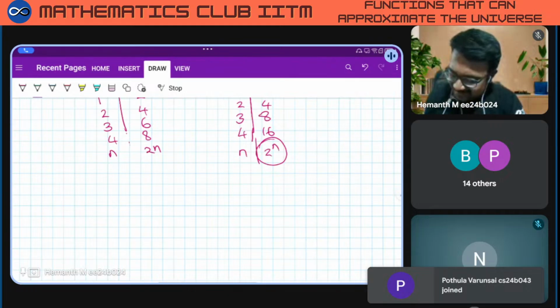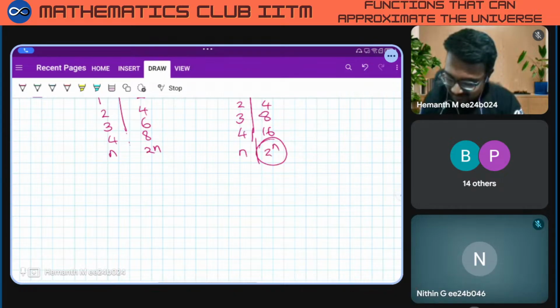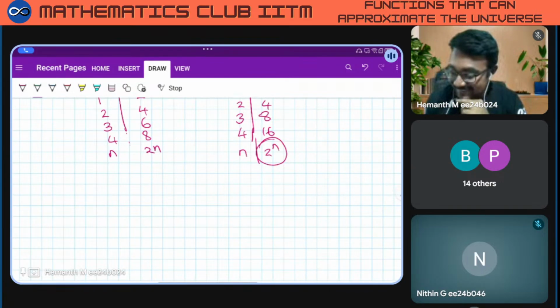Why is this not writing? I don't know why this is not writing for now.